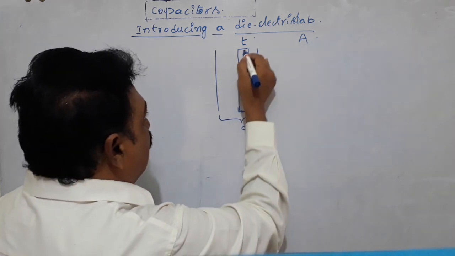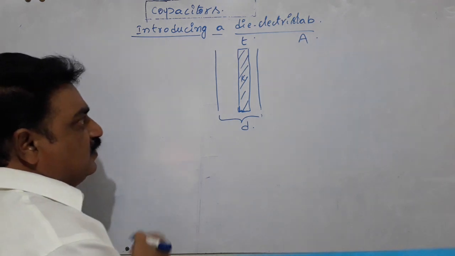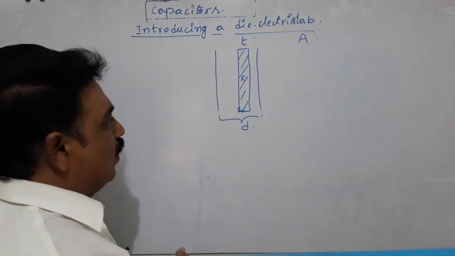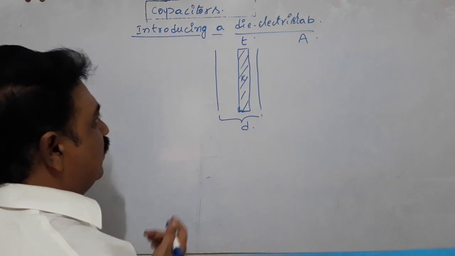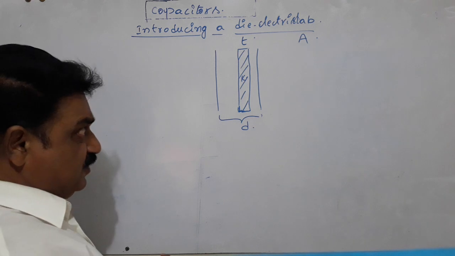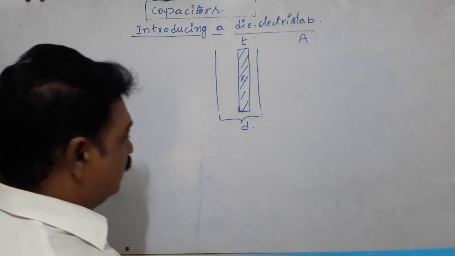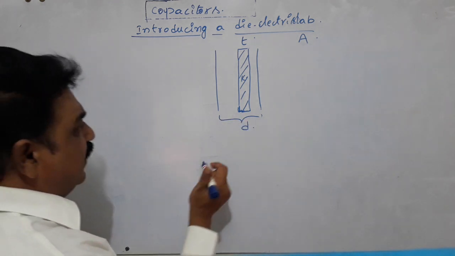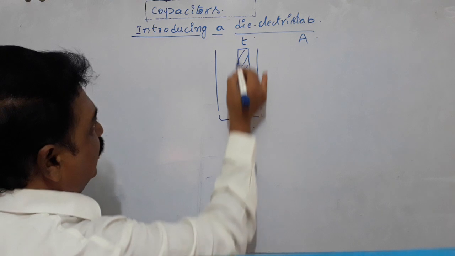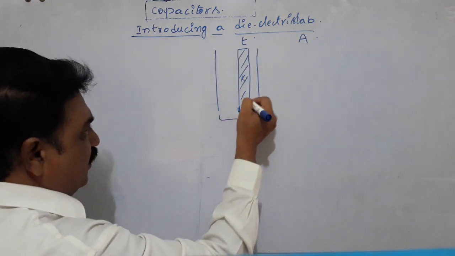The dielectric constant of this dielectric slab is K. And here it can be imagined to be two capacitors which are connected in series. One capacitor with a plate separation t and filled with dielectric medium K.